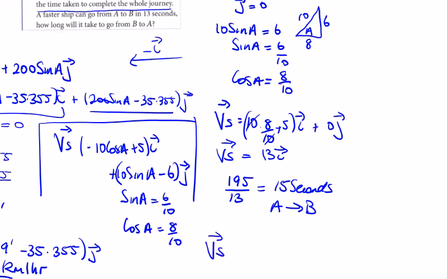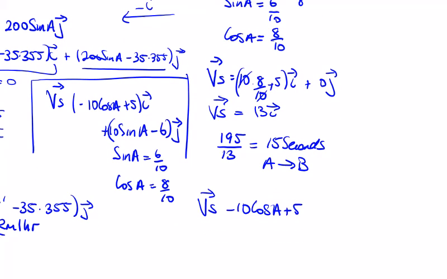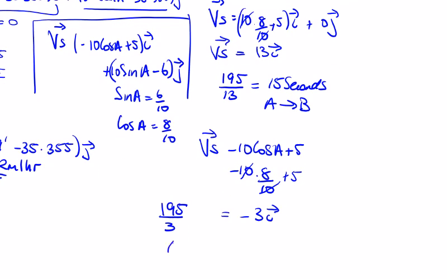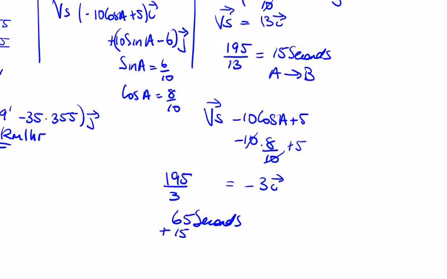So the velocity of the ship on the way back is minus 10 cos A plus 5. So we're just going to have a negative 10 instead of a positive. So that's going to give me negative 8 plus 5, which is equal to minus 3 I, and it's 195 divided by 3, 65 seconds on the way back, 15 on the way out. So the total time taken here is 80 seconds.